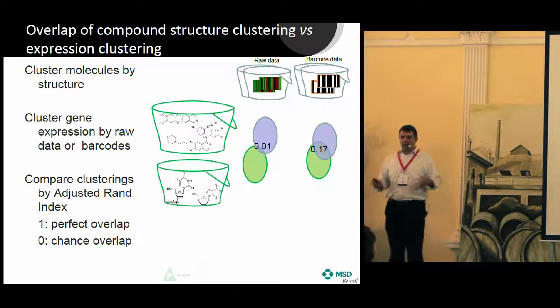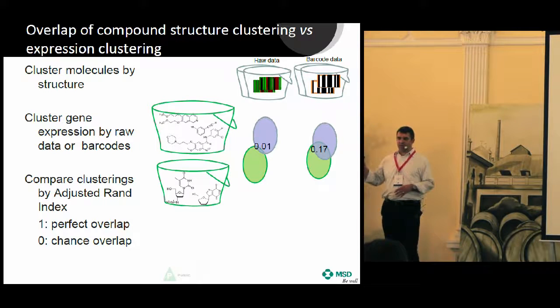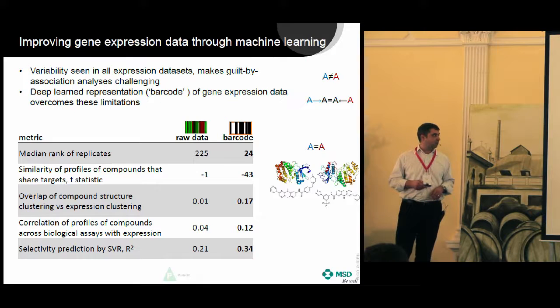You'd expect that compounds that look the same sort of fit into the same places and into the same holes in the cell, and so have a similar effect. That would be your expectation. That's barely borne out in the raw data, but there's much more of an overlap of the clusterings by compound structure and by gene expression in the barcode space.